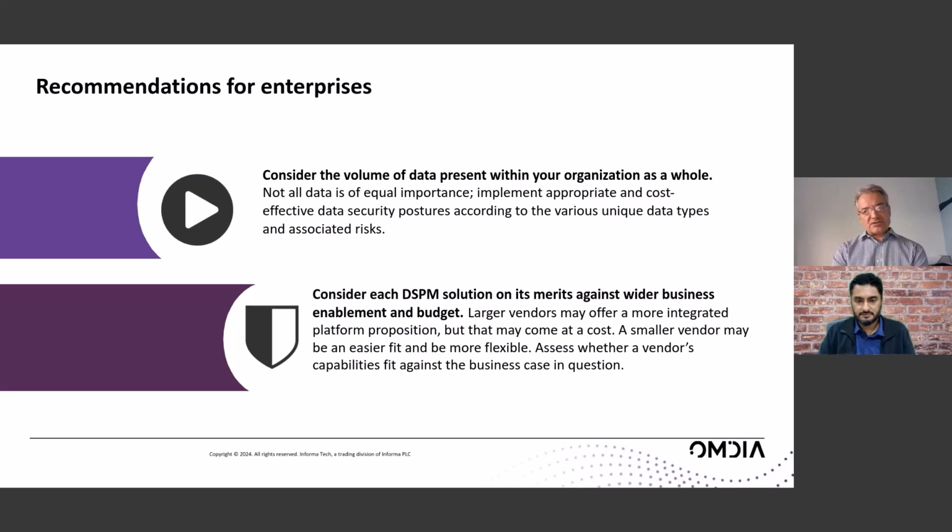It's also important to know that not all data is of equal importance. Previous strategies of throwing a net over the organization as a whole, in an attempt to protect everything in a one-size-fits-all approach, really isn't the way forward.